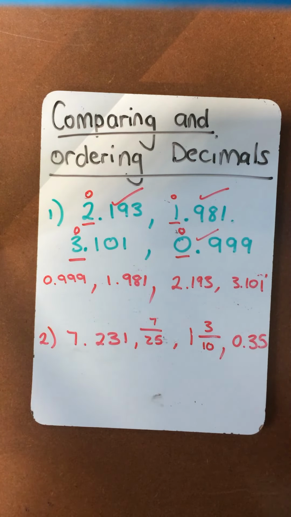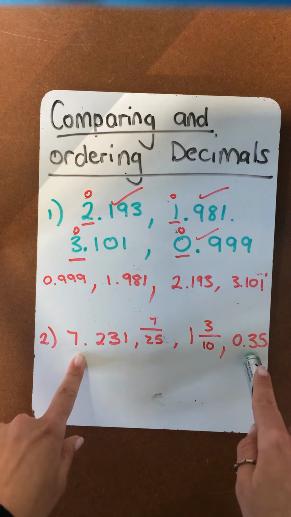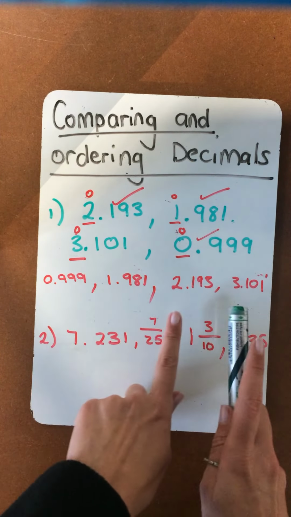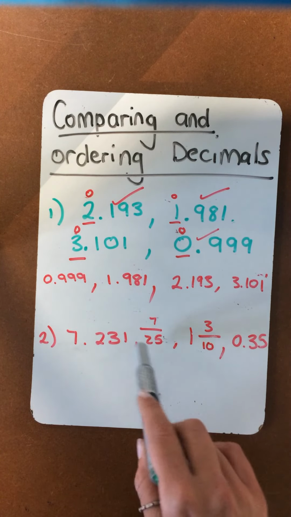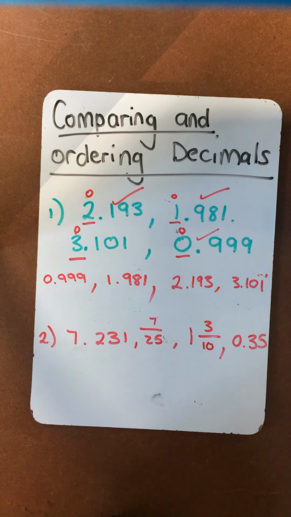Now this was a very easy example because all the numbers were already in decimals. However, in example number 2, you can see that I have a combination of decimals and fractions in this question, and I need to order them from smallest to biggest. You cannot order them when there's a combination of both decimals and fractions.